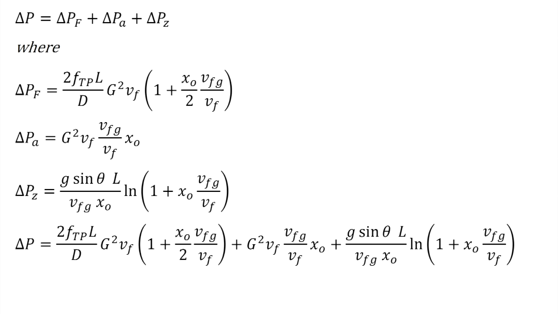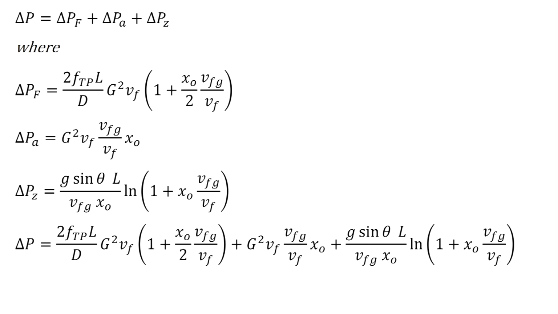Delta Pa is equal to G square Vf Vfg by Vf x naught, and delta Pz is equal to g sin theta L upon Vfg x naught, ln of 1 plus x naught Vfg by Vf, and by adding these three terms we get the total pressure drop.